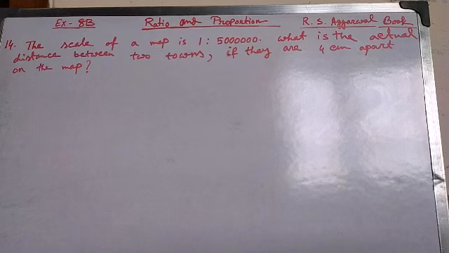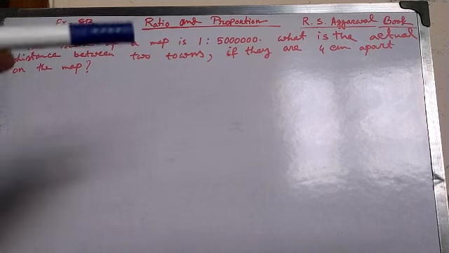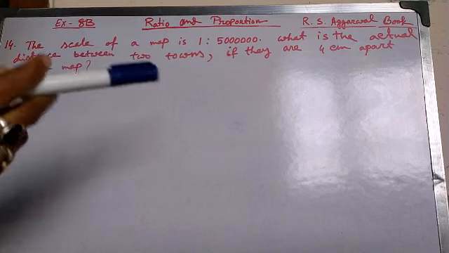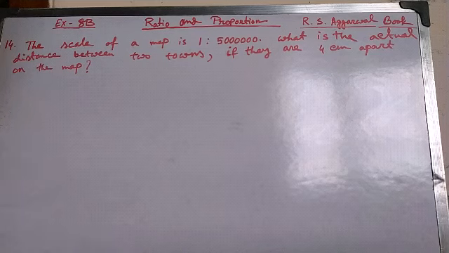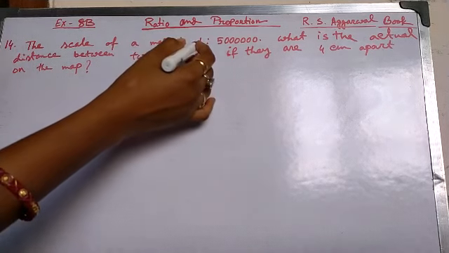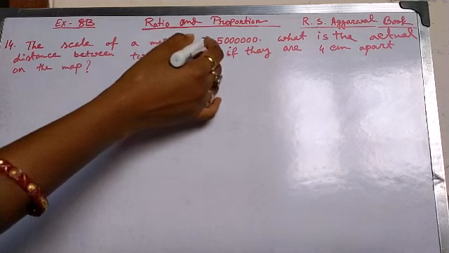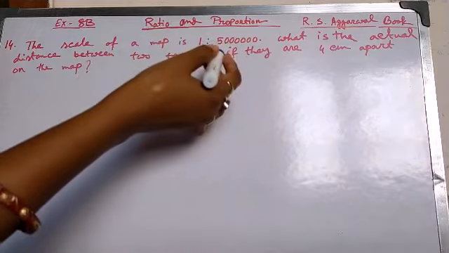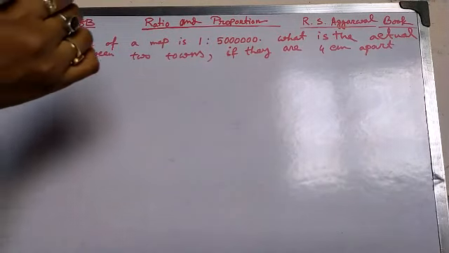Now question number 14. The scale of a map is 1:50 lakh. What is the actual distance between two towns if they are 4 cm apart on the map? Okay, here the scale is given. Scale means on the map the distance is 1 cm and the actual distance is this one. That ratio is given.